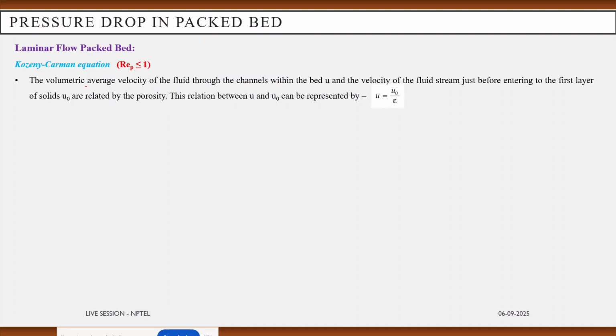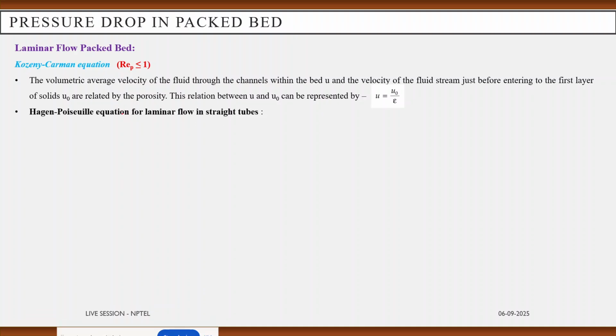It shows that the volumetric average velocity of the fluid through the channel within the bed is u, and the velocity of the fluid stream just before entering the first layer of the solid is u0, which are related by the porosity. So the volumetric average velocity is equal to the superficial velocity divided by porosity.